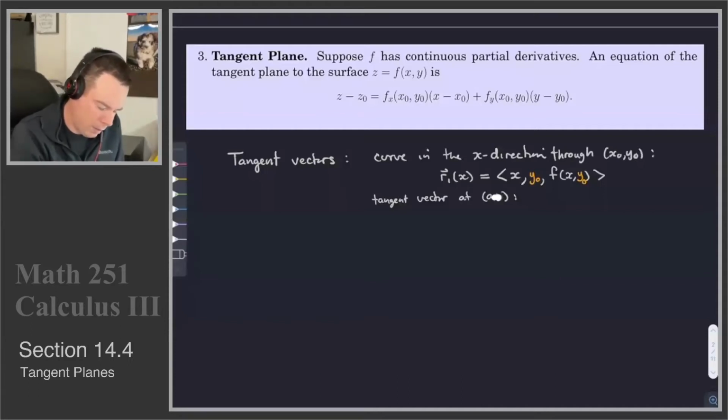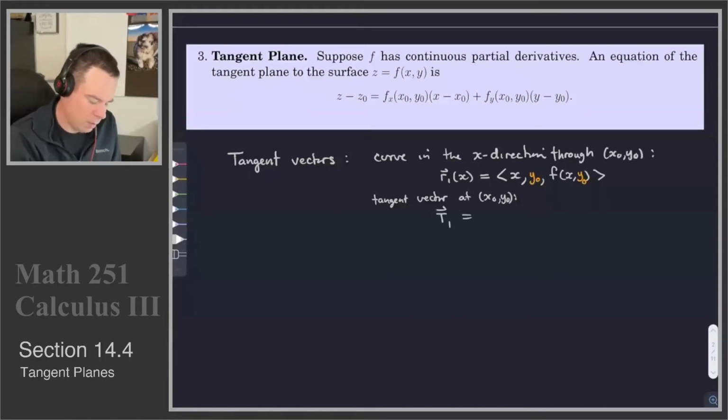And therefore the tangent vector at that point corresponding to x naught, y naught, let's call it capital T1, for T for tangent. That's going to be given by the derivative of this at the point x naught.